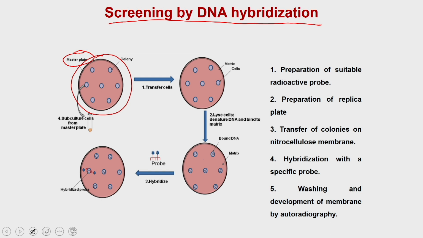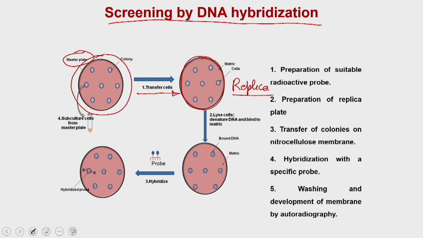Then you take a membrane and transfer some of these cells from the master plate to another plate, called the replica plate, which is going to be a replica of the arrangement of colonies on the membrane.